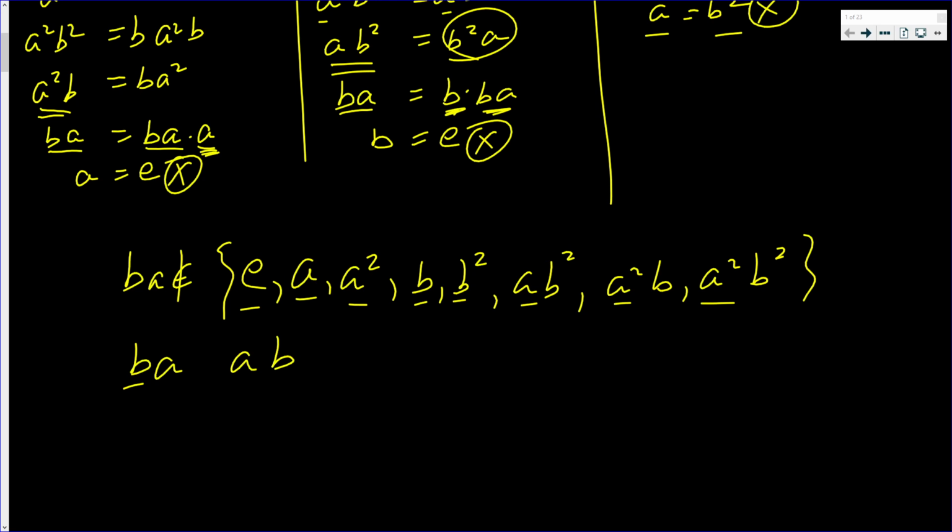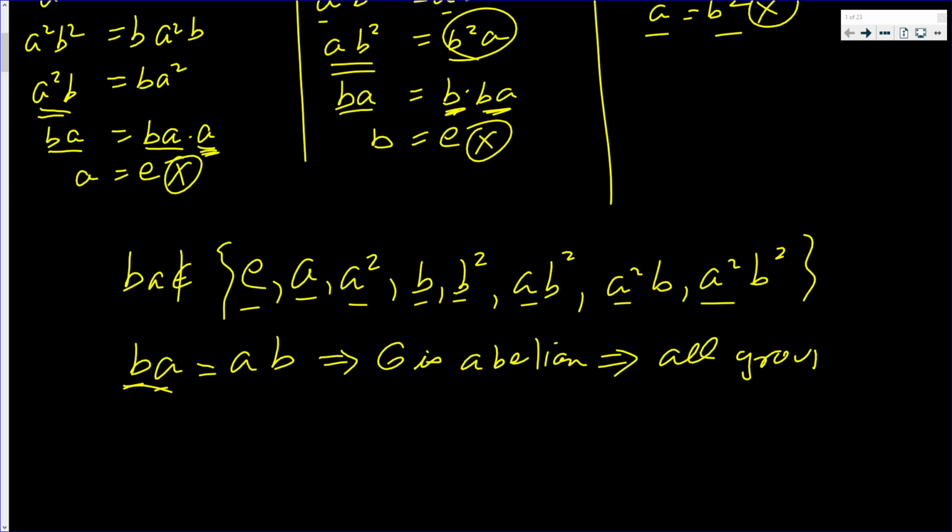And since B is in the group and A is in the group, BA is in the group, and it must equal AB. That implies G is abelian, and that implies that all groups of order 9 are abelian. And that completes the proof.